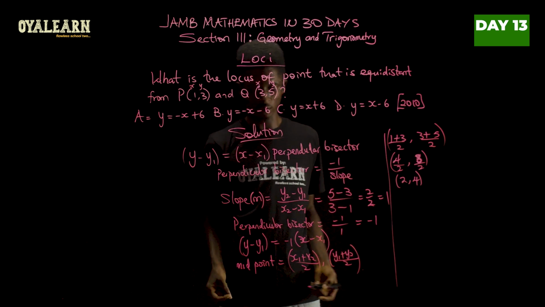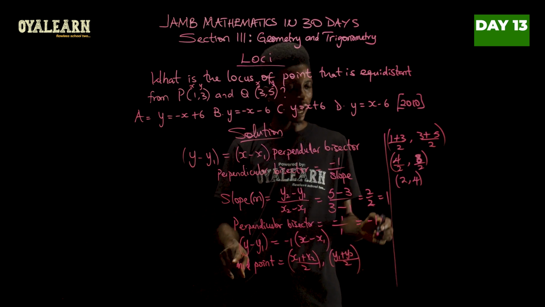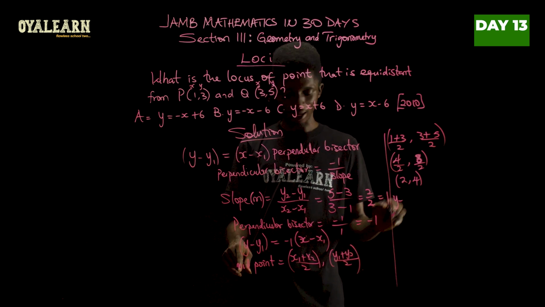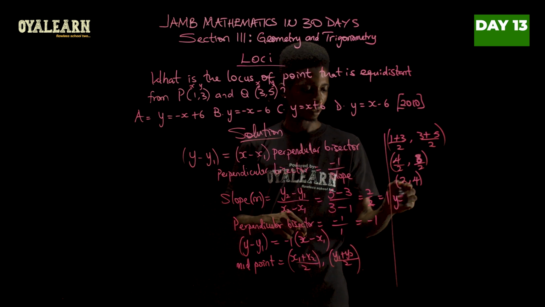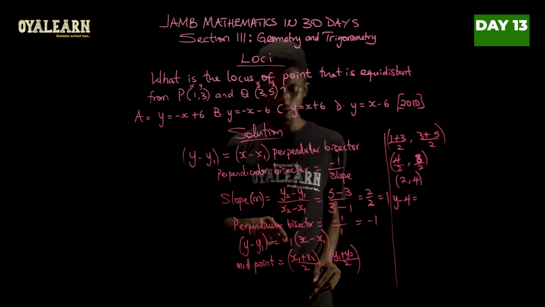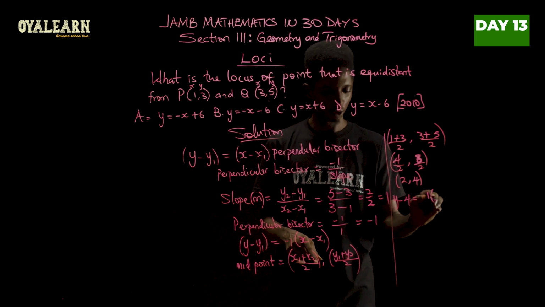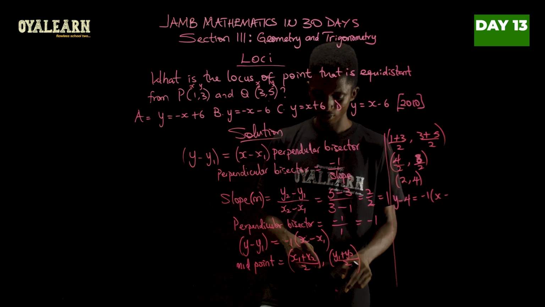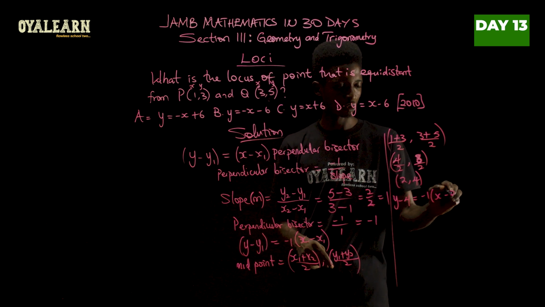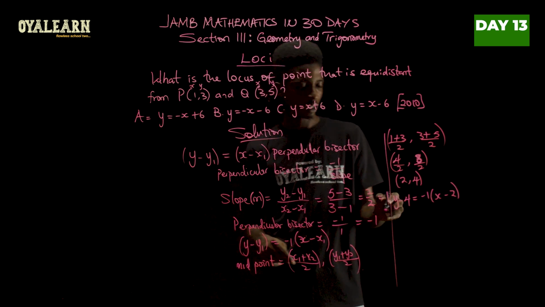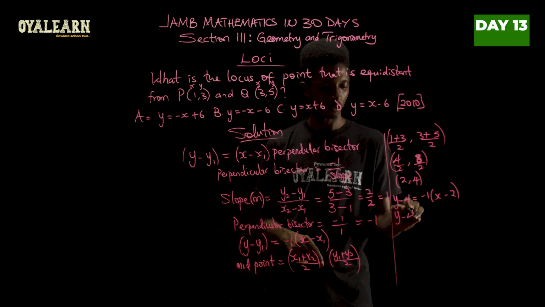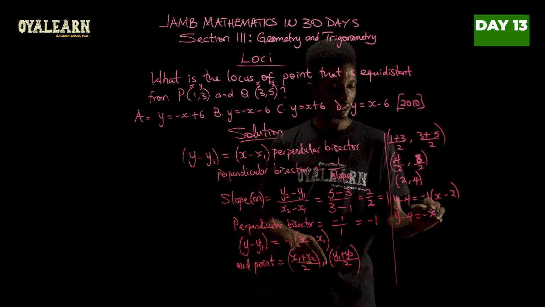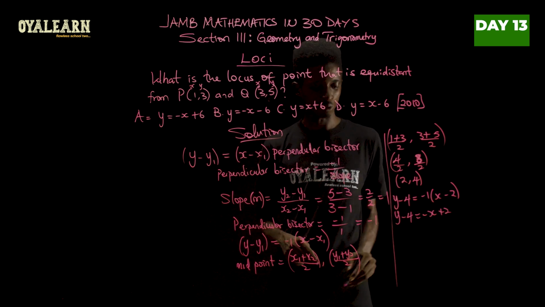Now let's put it into this equation. So y minus y1, that's 4, equals minus 1, open bracket, x minus x1, that's 2, close bracket.